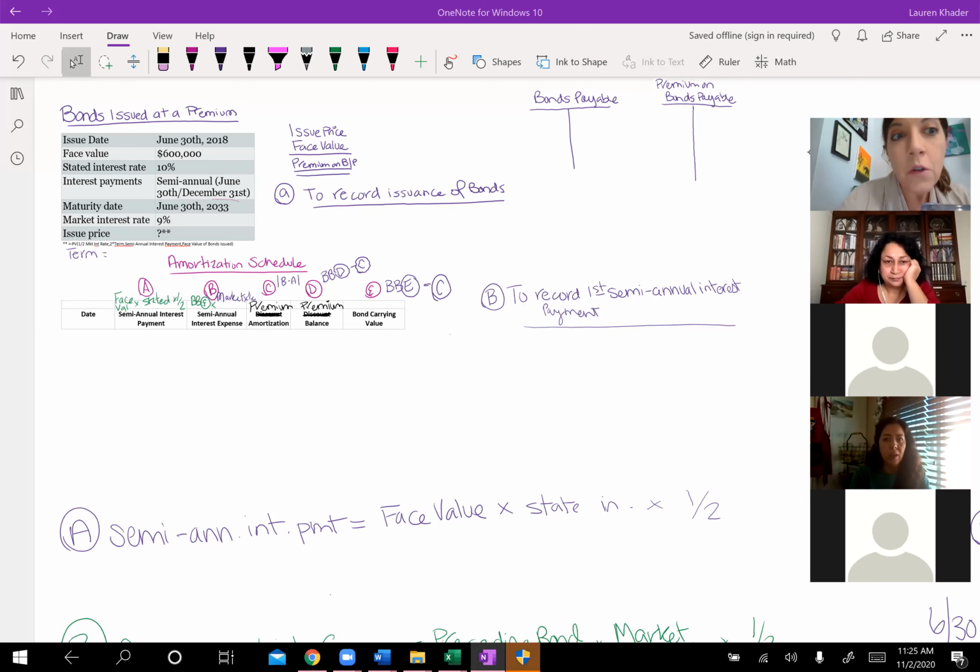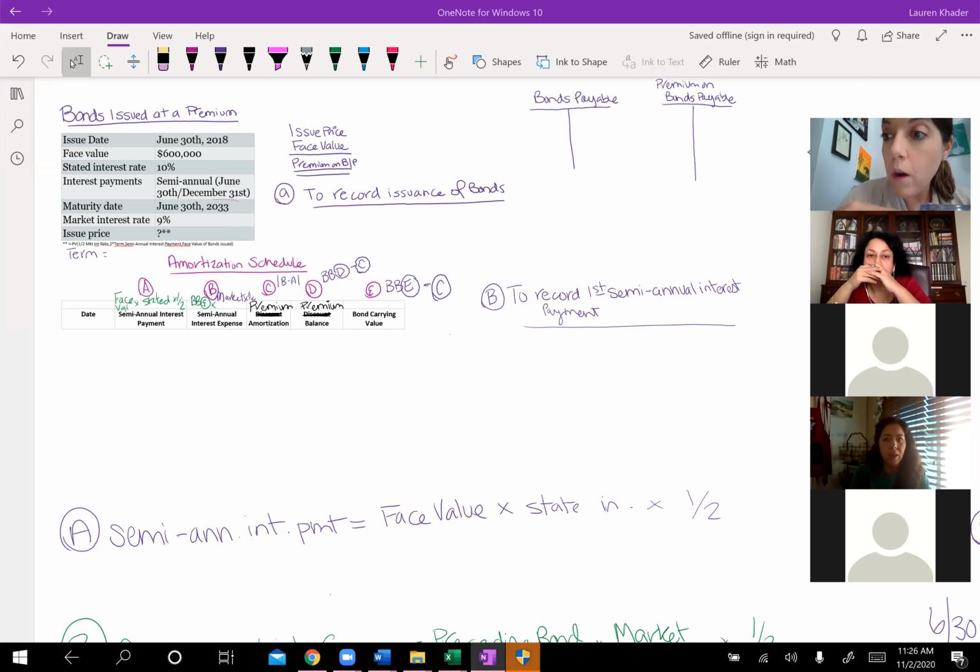Okay, so once you've gone over bonds issued at a discount, bonds issued at a premium is not much different. The amortization schedule looks similar. There's only one tiny difference in what we're doing in the amortization schedule, which is, if you notice the bond carrying value, instead of adding the amount of amortization that we're taking for that premium, we're subtracting it.